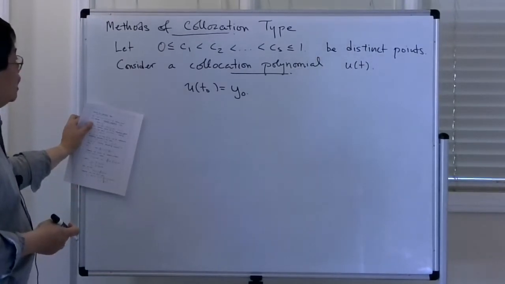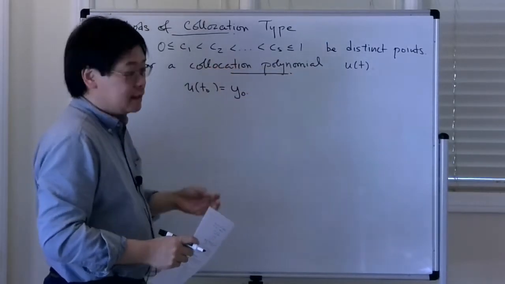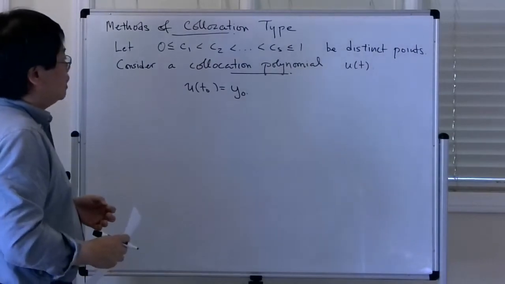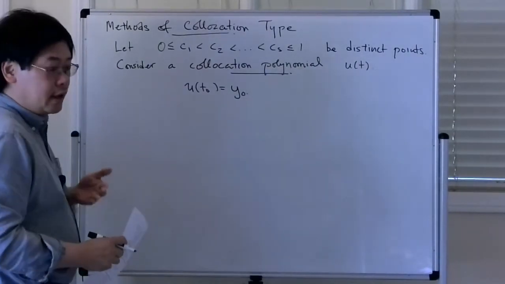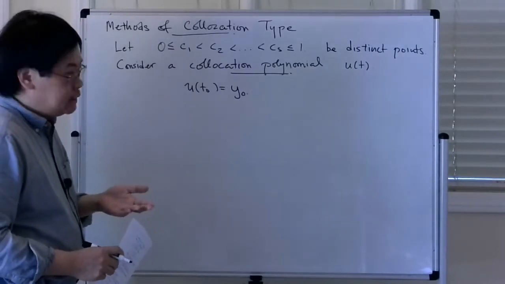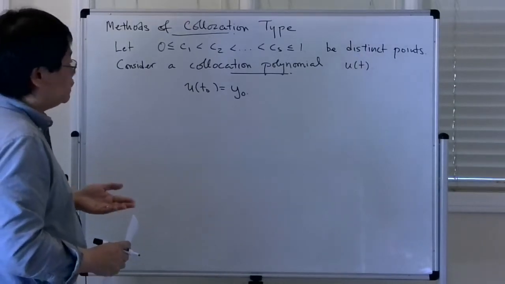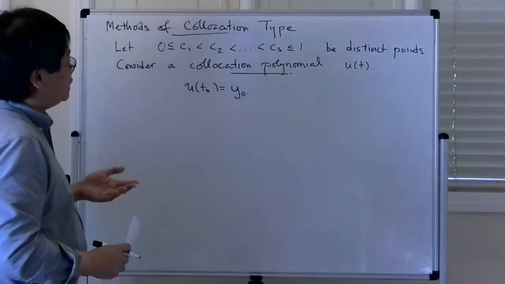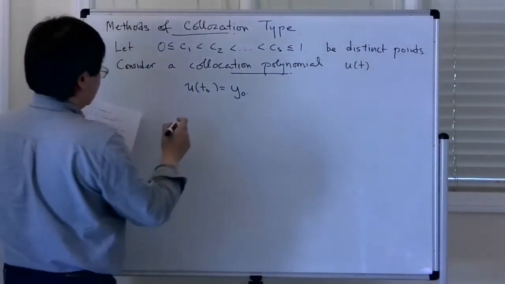But because we're going to look for a polynomial which only has a finite number of degrees of freedom, we're not going to be able to require that the curve satisfies the differential equation at every point in time. But you can require that it satisfies the differential equation at the collocation points.